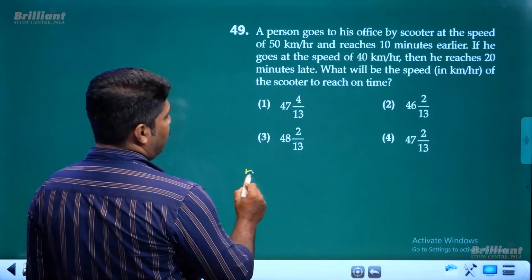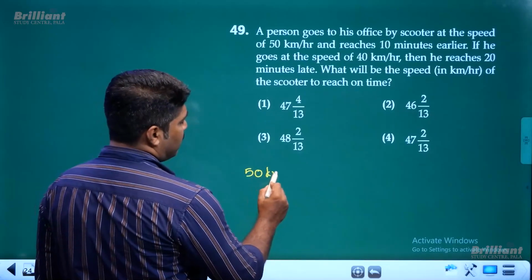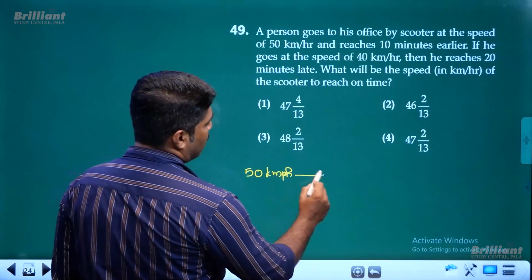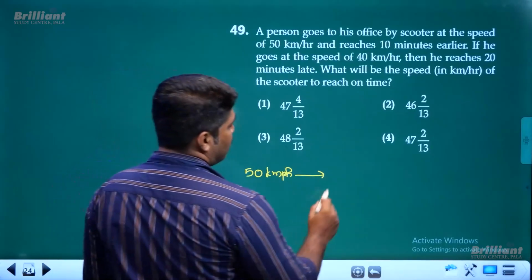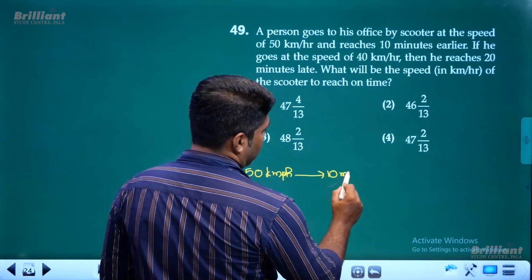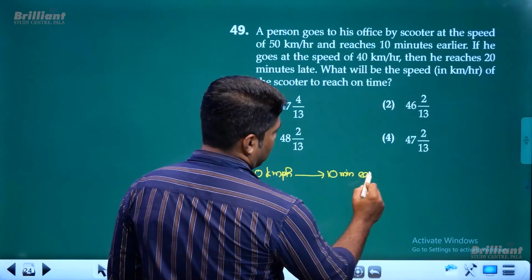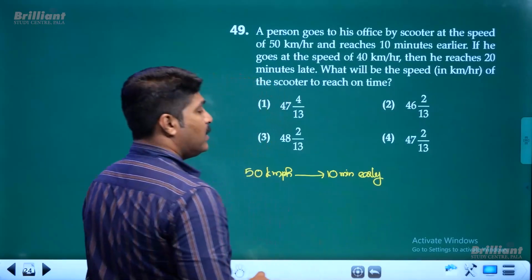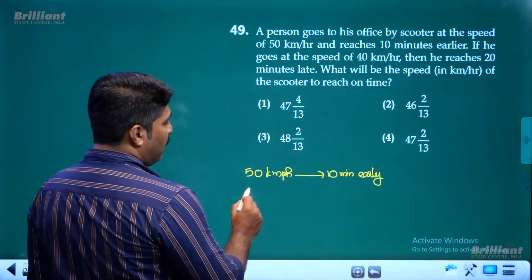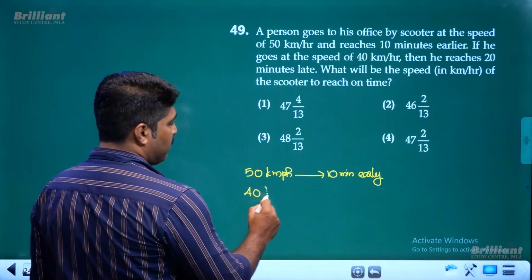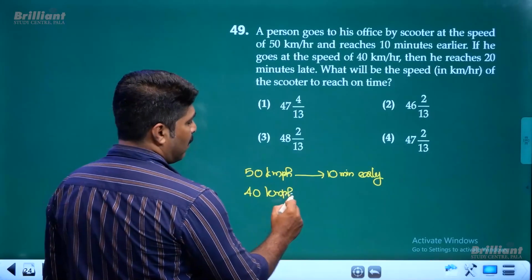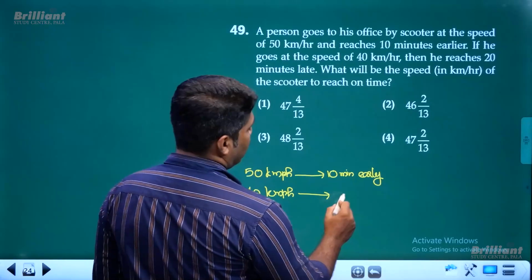It's simply, if he is traveling at 50 km per hour, he is 10 minutes early. Or if he is traveling at 40 km per hour, he is late by 20 minutes.